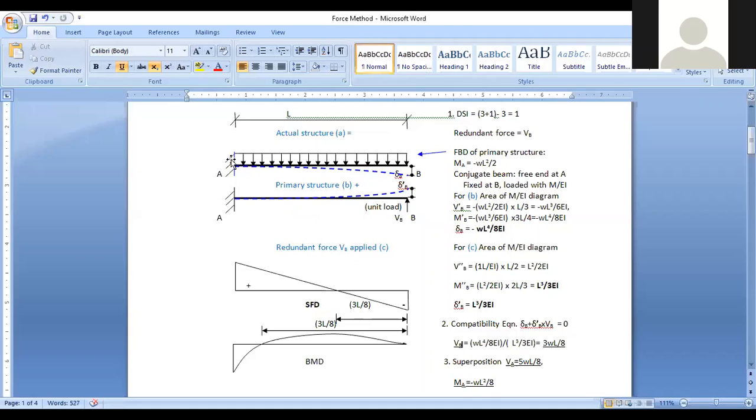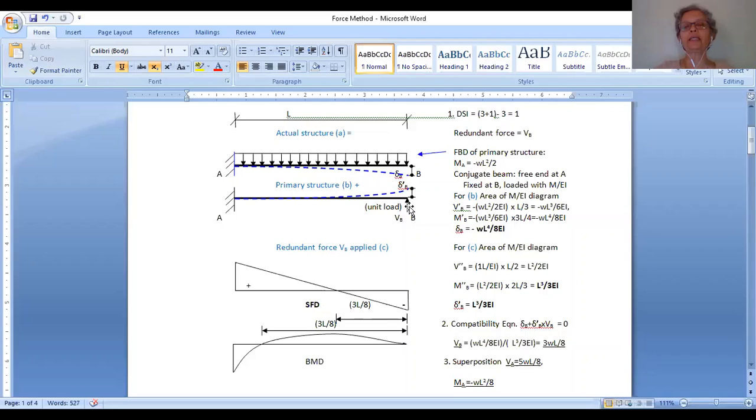In primary structure, how much is the vertical reaction at A? WL. Okay. So if this is WL, there is another reaction which is in upward direction, that is 3WL by 8, because that is additional force that is applied.